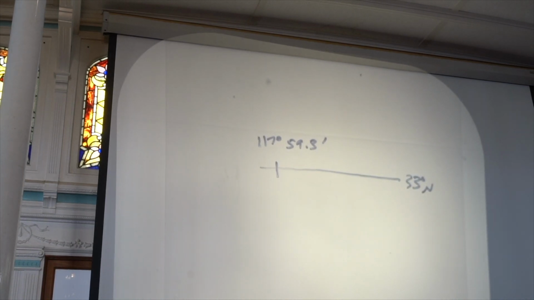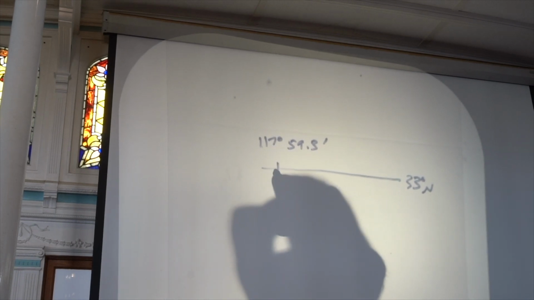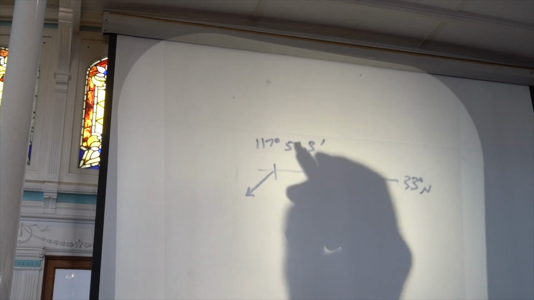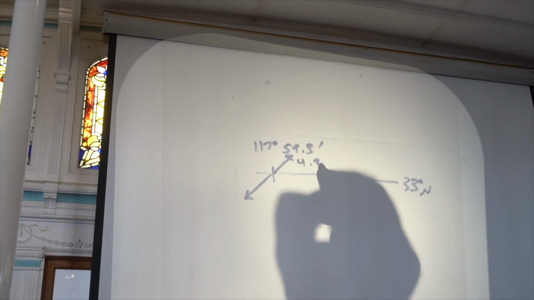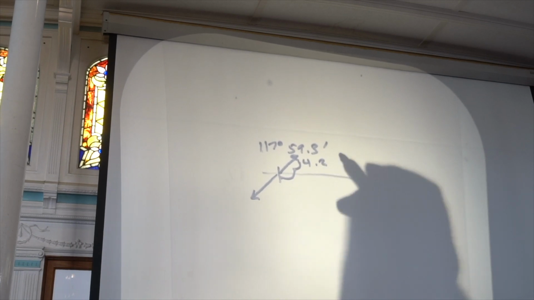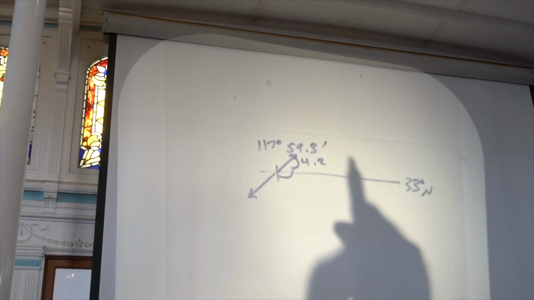Our Zn was 209. So 209 is out here somewhere, but we're going to go 4.2 miles away, and up here is our line of position.